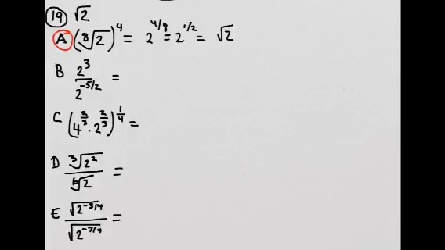For B, we subtract the exponents, right? So this is 2 to the 3 minus a negative 5 halves, which is 2 negatives, and that makes it positive, right? So 3 plus 2.5 is 5.5, so that's going to be 11 halves. So that's not good.